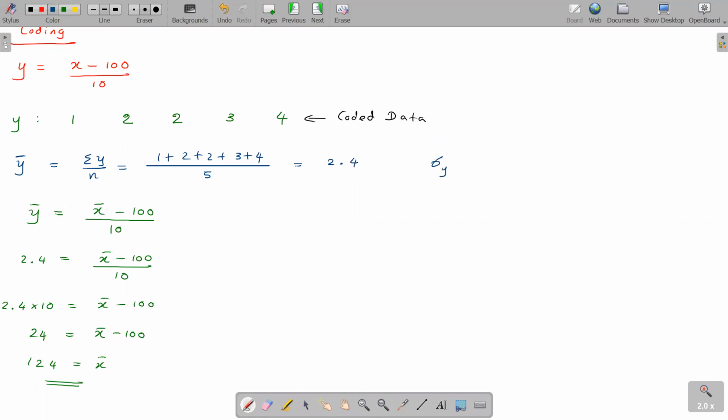So what is sigma y? Sigma y = the square root of (sigma y square over n minus (sigma y over n) whole thing squared). Can you see? So this is sigma y. Agreed? Okay, shall we find the sigma y square value?